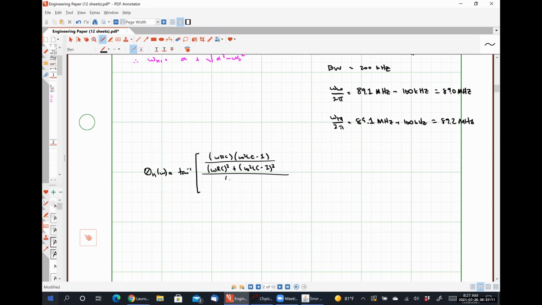Our real part is omega RC quantity squared divided by that same denominator, omega RC quantity squared plus omega squared LC minus 1 squared. Our denominators cancel each other out. This guy right here lowers the power of this guy by 1, and we're left with the arctangent of omega squared LC minus 1 divided by omega RC. So that's how our phase response behaves.